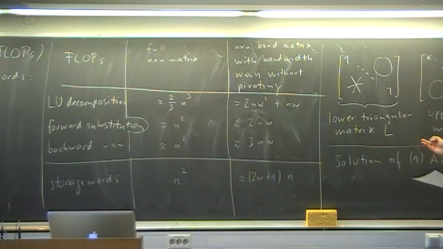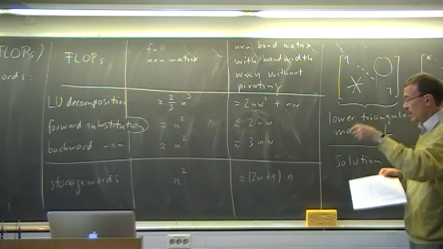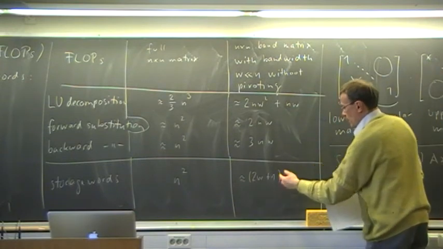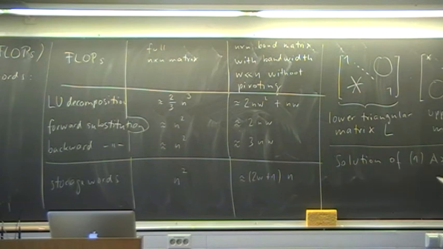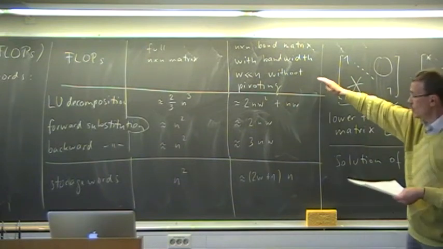For the tridiagonal matrix, we have just 3 diagonals to store, the main and the 2 subdiagonals, so that is 3. But if you had larger W, it would correspond to that. This gives you some indication, and it also shows you that it's much better to have band matrices. But again, I stress it is important that you have no pivoting.